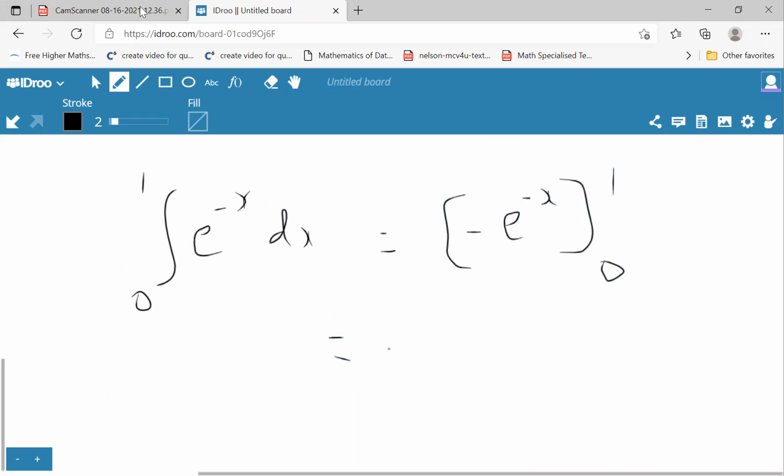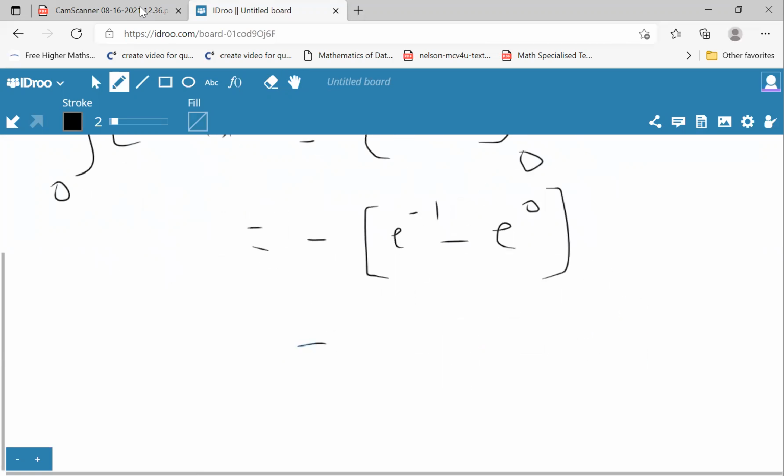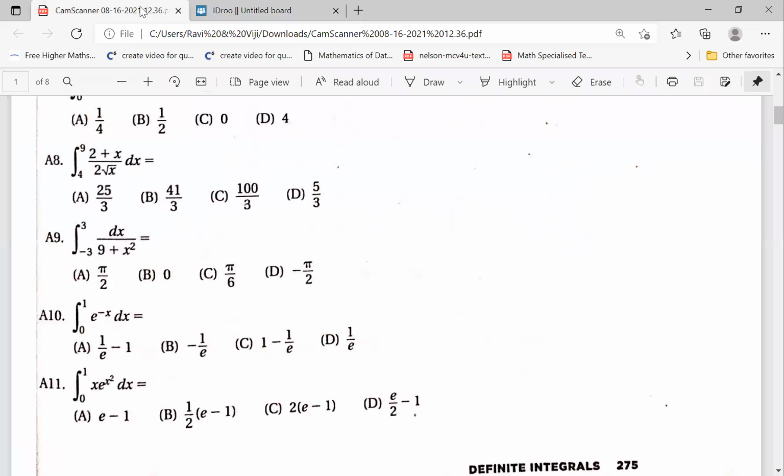Now substitute, that will give you minus of, let us take the minus symbol outside. So e to the power of minus 1 minus e to the power of 0, which is nothing but minus of, e to the anything power 0 is 1. So that will become 1. So minus of 1 by e. Option B is the correct answer.